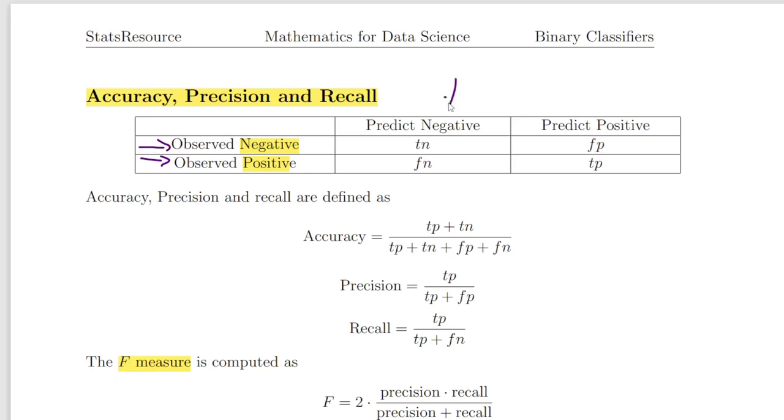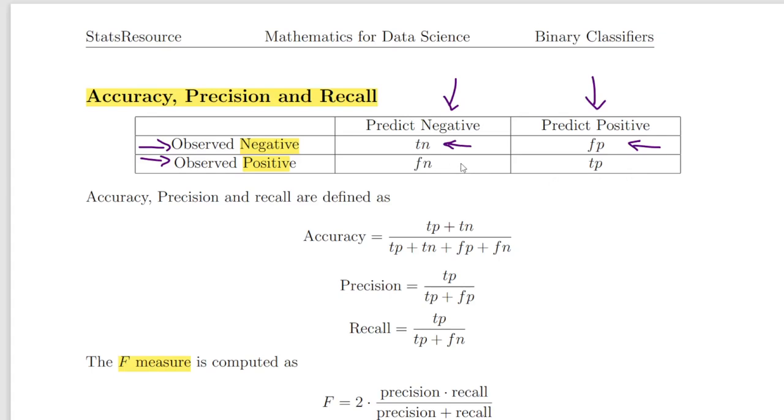We build our binary classifier, and it will predict either a negative result or a positive result. If something is observed negative and we predict it to be negative, that's a true negative. If something is observed negative but we predict it to be positive, that's a false positive.